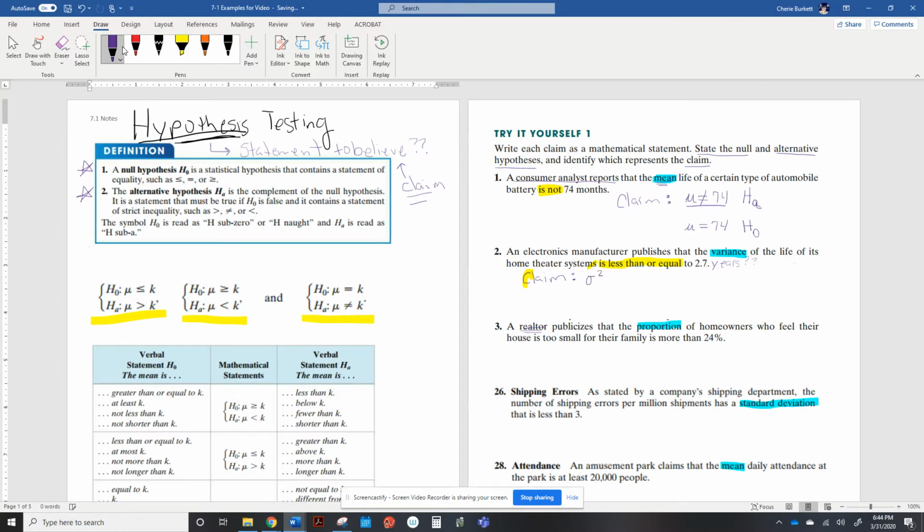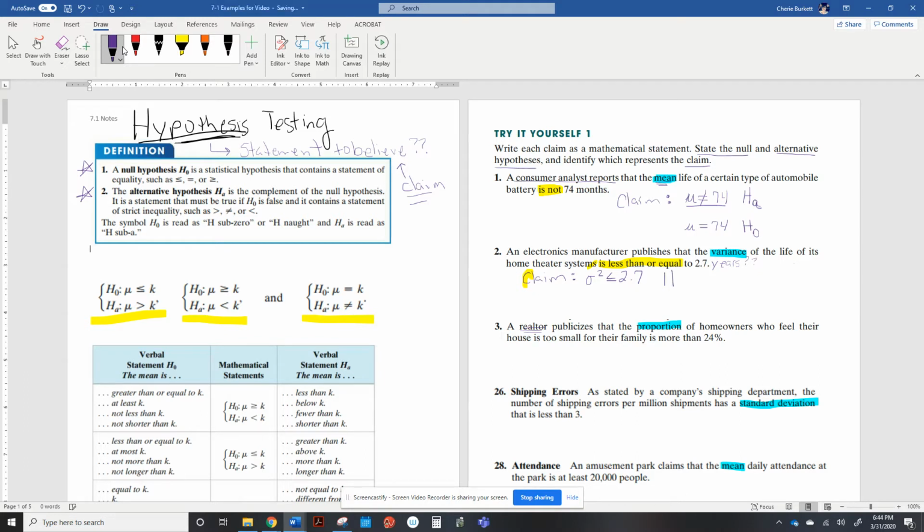That's the symbol for variance. The variance of the life of the home theater sim is less than or equal to, there's the less than symbol, put the bar underneath it to say or equal to 2.7. Okay? So there's the mathematical statement that we're going to call the claim.